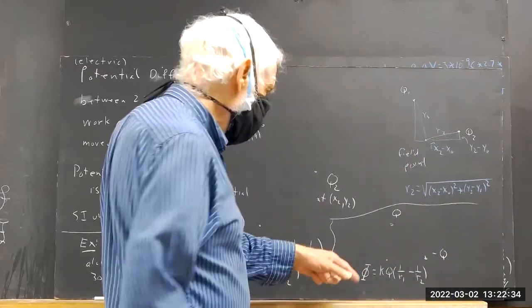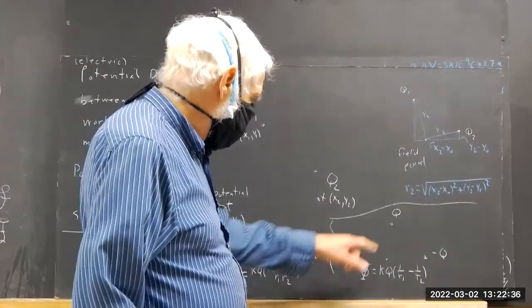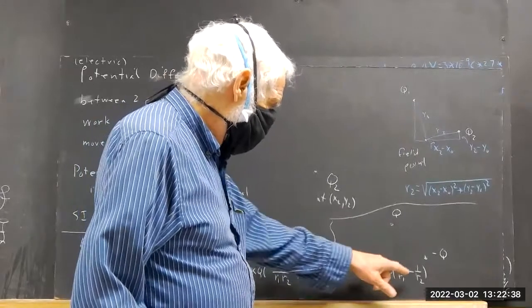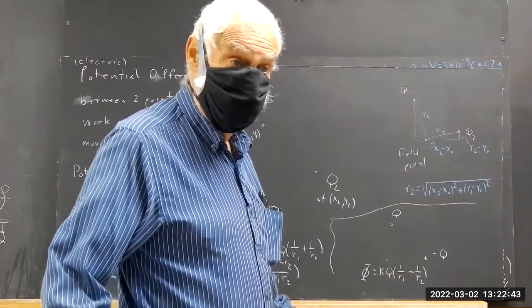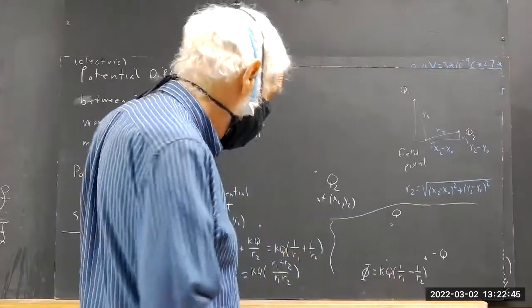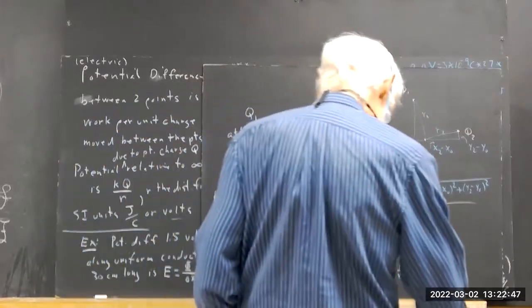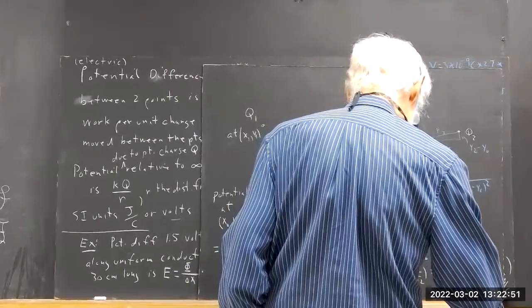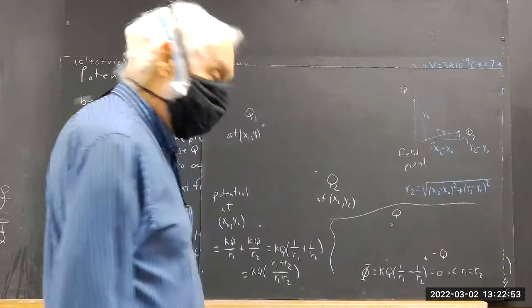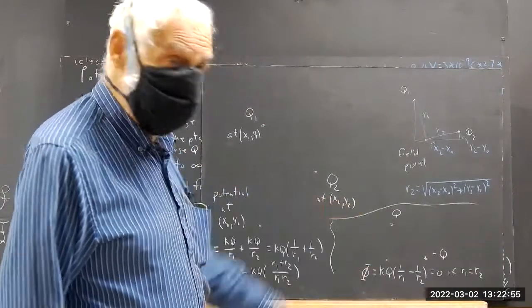I mean, you're going to have KQ over R1 and K times negative Q over R2, right? Or, you know, vice versa, whatever. That cancels if R1 equals R2, if these charges are equal and opposite.